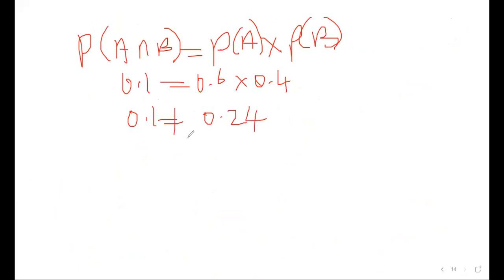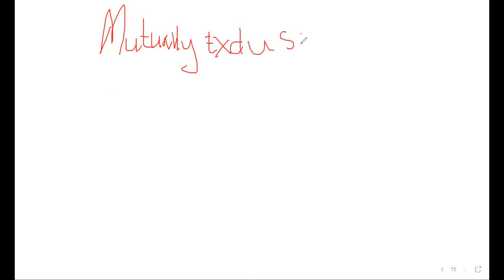And these events may not be mutually exclusive, because mutually exclusive events are disjoint events.